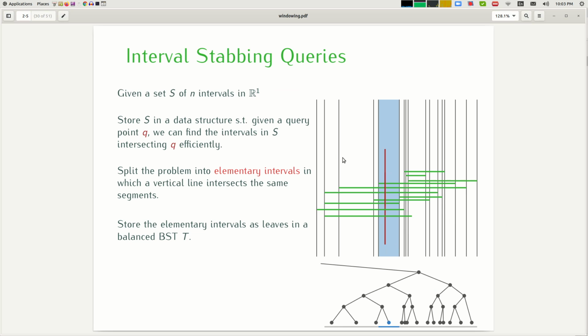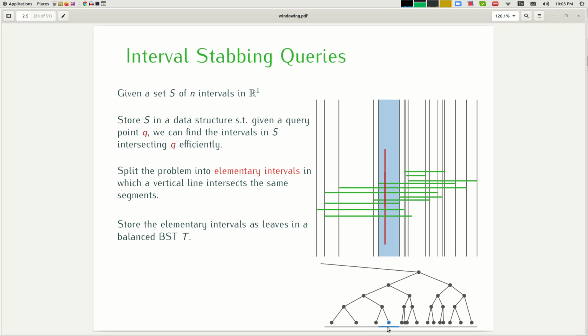So what does the segment tree look like? Think of the elementary intervals as leaves of a binary search structure, where the region of an internal node is the union of the two regions of its children.